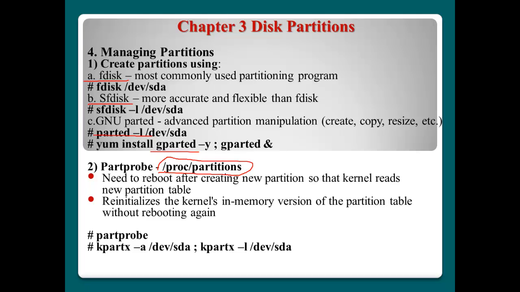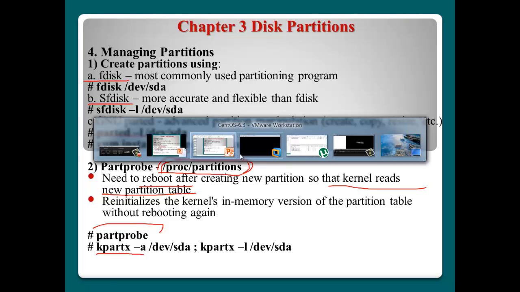This file normally has information on each of the partitions which the kernel can read. After we create a new partition, we need to let the kernel read this new partition table. If we use this command, we don't need to reboot. So we can use partprobe or kpartx as well. It's similar to partprobe.